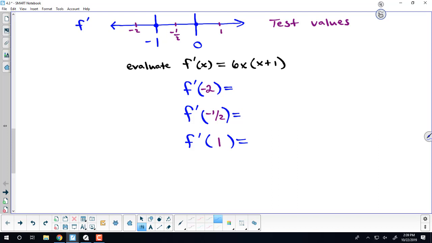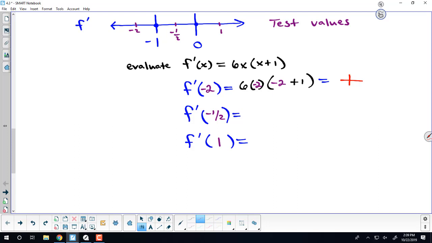Okay, so we have 6 times -2 times -2 plus 1. So we have -12 times -1, and -12 times -1 gives us a positive.